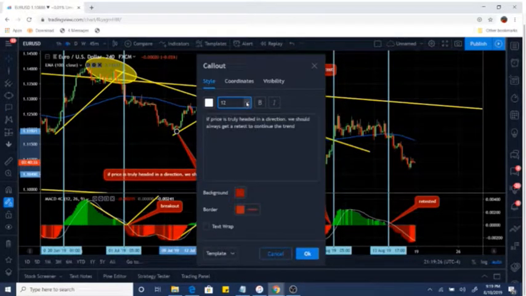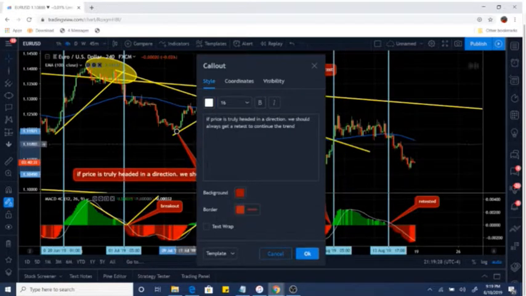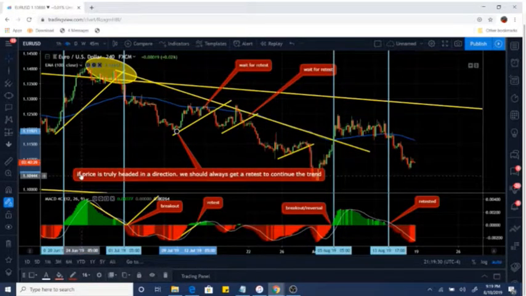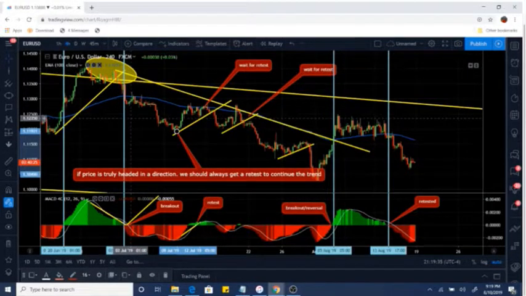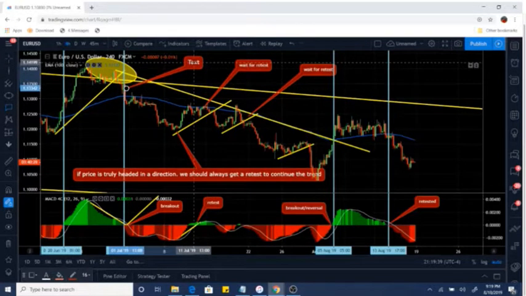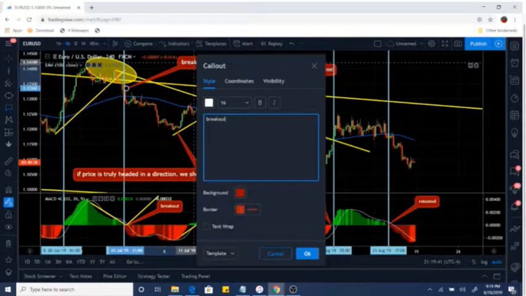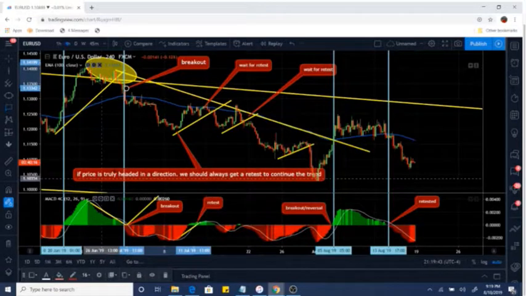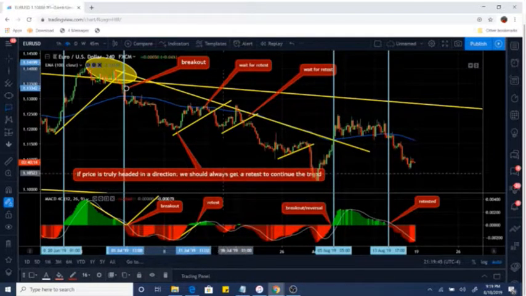Actually, let's make this bigger so you guys can see. If price is truly headed in a direction, you see price broke out. That was your breakout from the uptrend to now the downtrend. If price is truly headed in a direction, we should always get a retest.